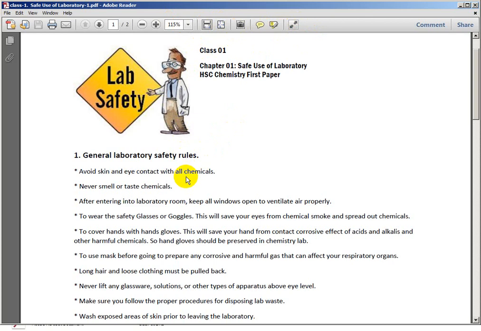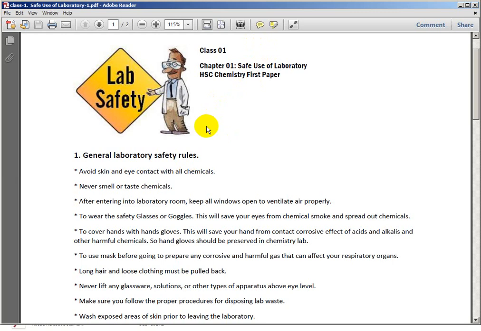So the chemistry lab is not a secret place. You have to maintain some safety measurement in the chemistry laboratory. I will take you to the chemistry lab when the COVID-19 situation becomes okay and when educational institutions are opened.